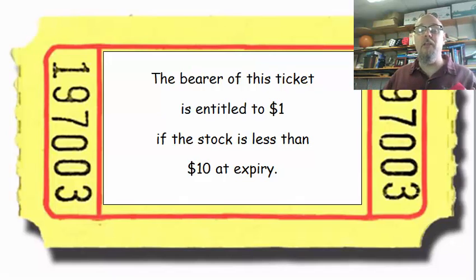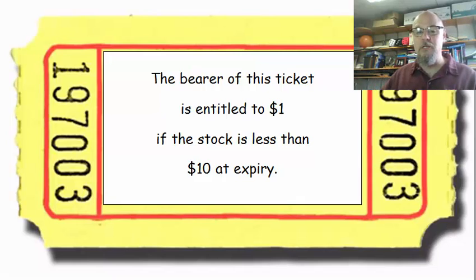Or if the stock's trading at $20, but there's half a year left until expiry, that's a long time. There's more of a chance of it falling less than $10 and your binary put finishing in the money than when there was only a week left. So it should also be a function of the time left until expiry.